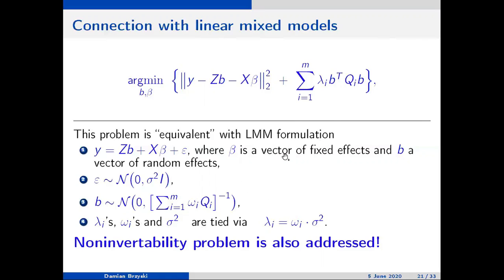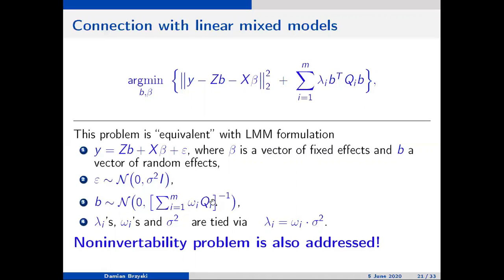Okay, and what is also important is that the non-invertibility problem here is also addressed. As I suggested before, one of the matrices you can define as identity, which is of course invertible, and it's enough that the omega for the identity is chosen as positive, then the whole matrix will be positive definite, because this is the sum of positive semi-definite matrices.